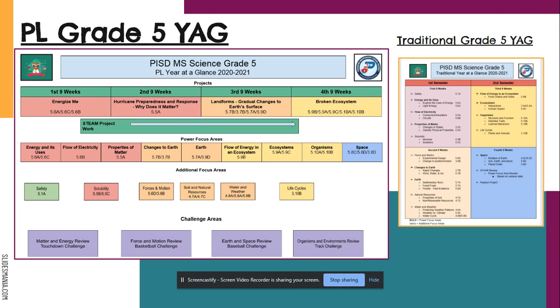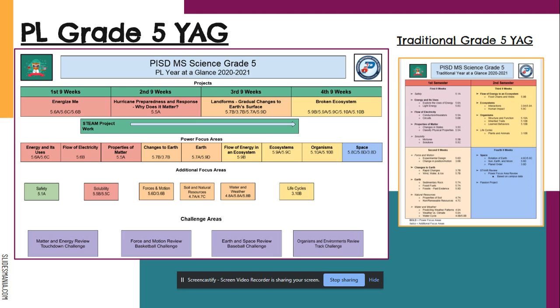For example, the order of each YAG is the same. The only difference is that the traditional classroom runs TEK by TEK, or combines like TEKs, which consist of readiness and supporting together. In the PL classroom, the standards are divided into power focus areas, or PFAs, and additionals.